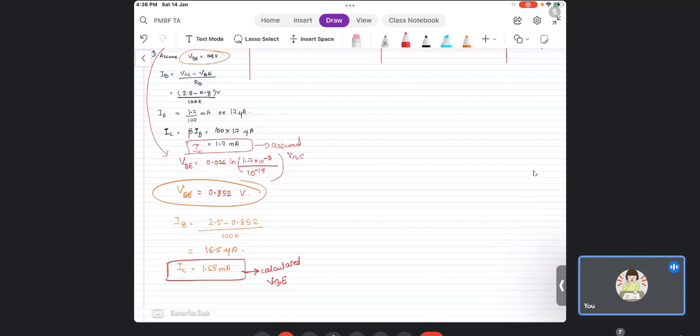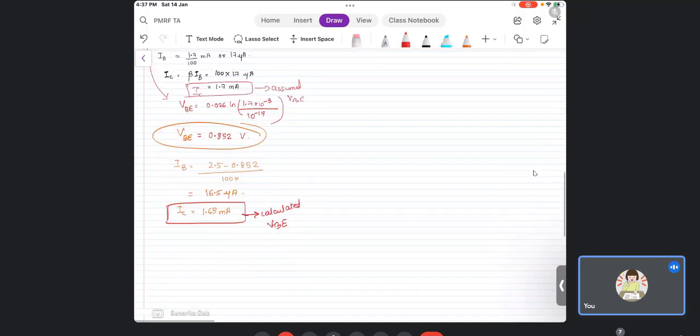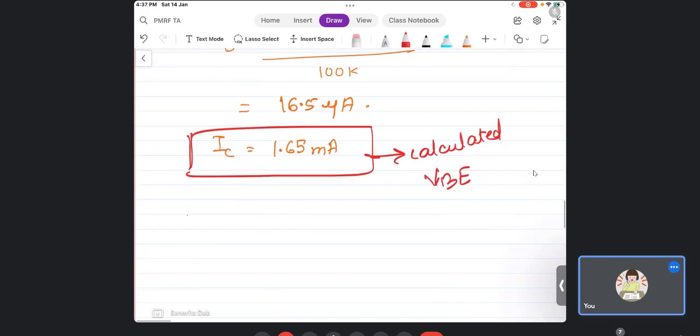Okay, so now you see what is the value of VCE we are getting, because this was a biasing problem, right? So VCE will be VCC minus ICRC. Okay, VCC is 2.5. What is the value of RC?